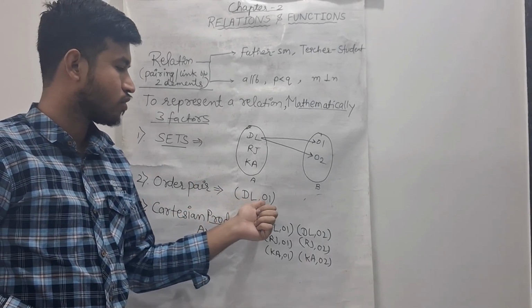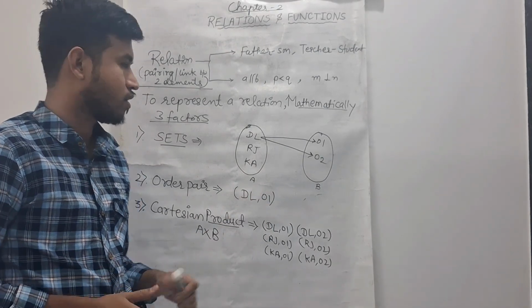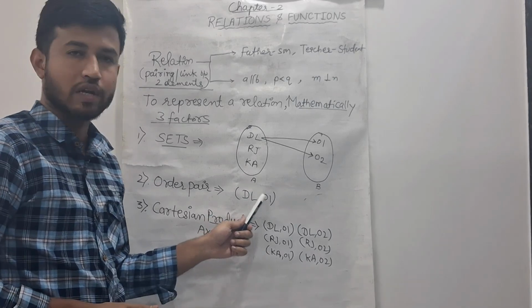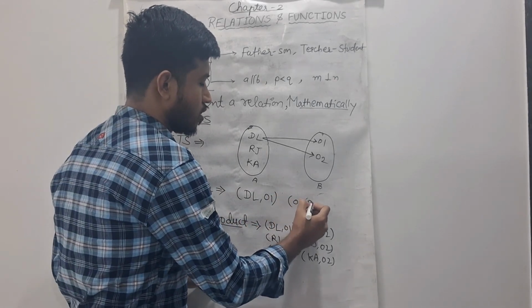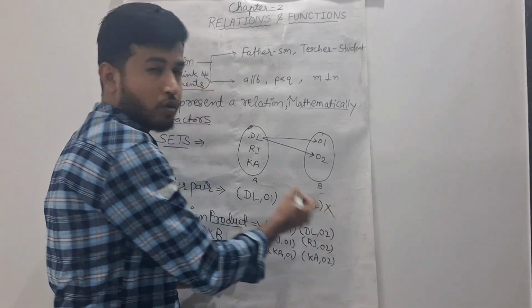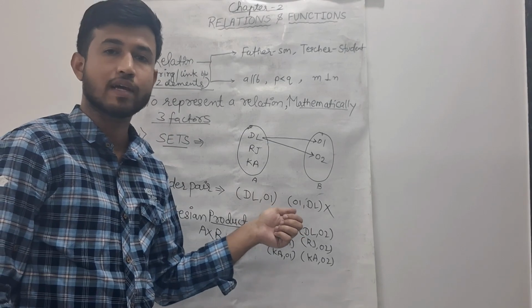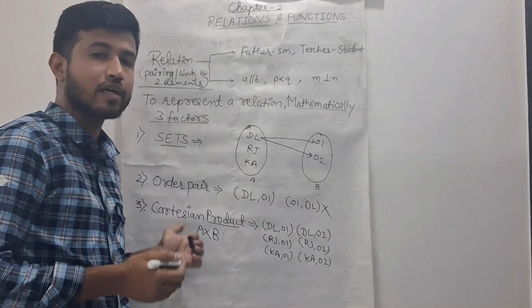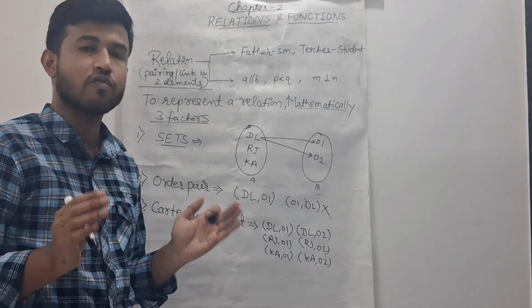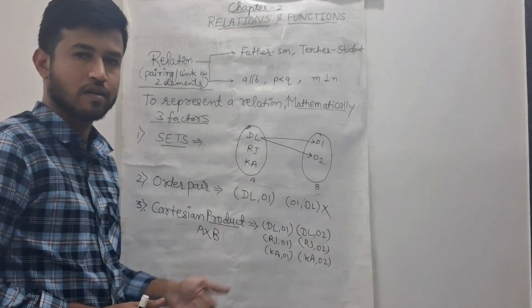We need to write in order, like DL01; it cannot be like this, this is not a proper way of defining a relation. Now third, we need Cartesian product, meaning we need the set of all possible relations. So these are all possible relations.